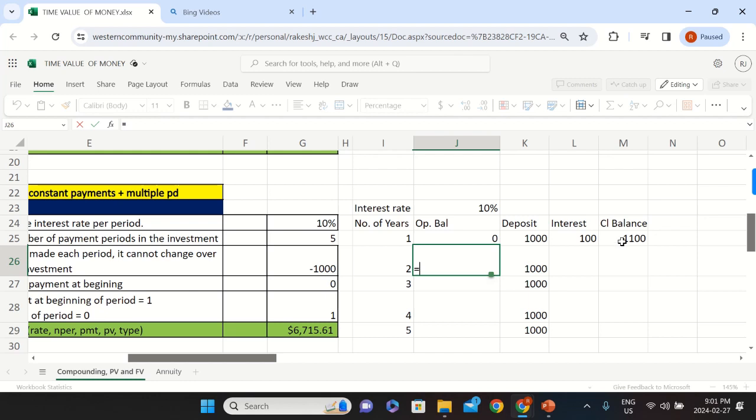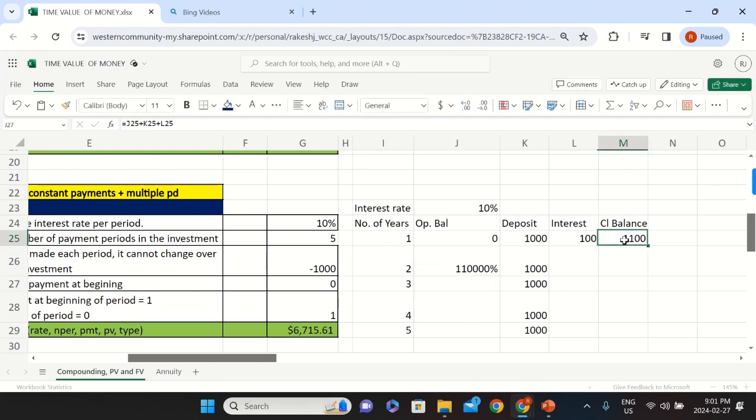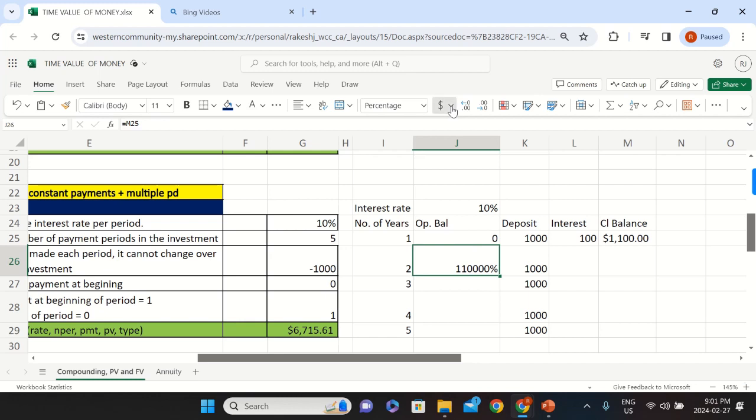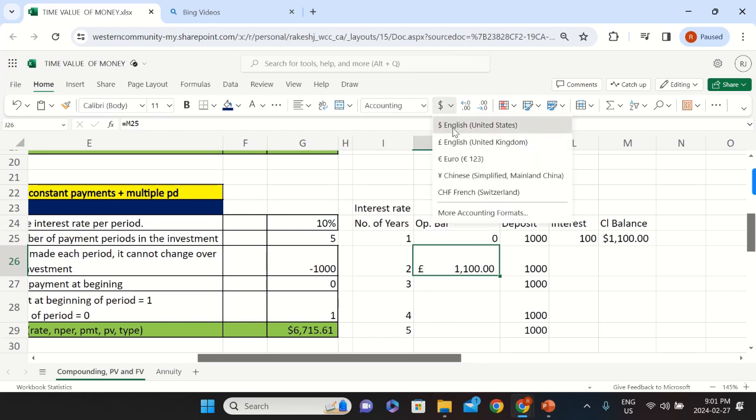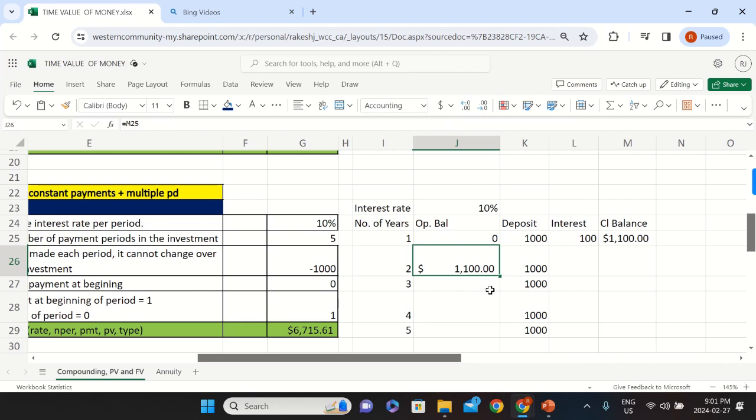So it is equal to 1100. And here, we will click on the dollar sign. Okay, so $1,100 is going to be invested in the second year, and 1100 plus the $1,000, these both we will calculate here.